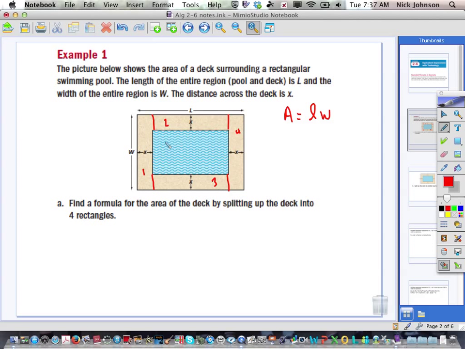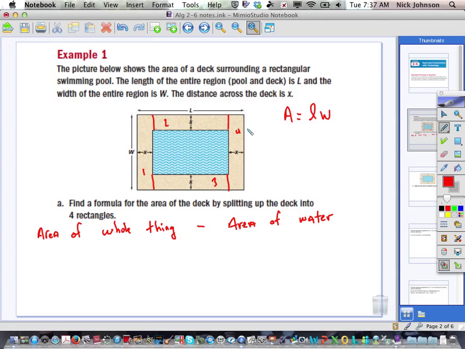So, how can you go about this? Well, I could take the area of the whole thing and subtract the area of the water. Does that make sense?